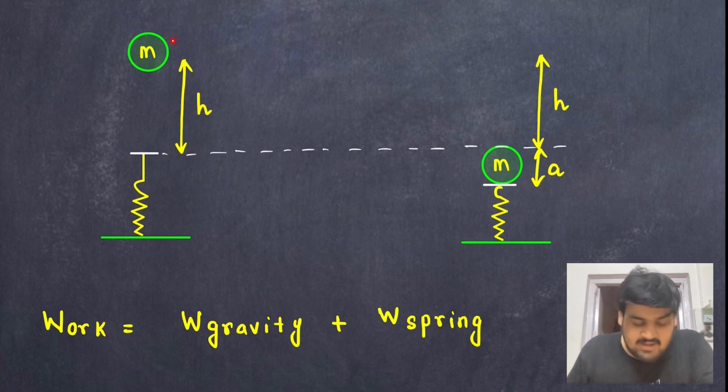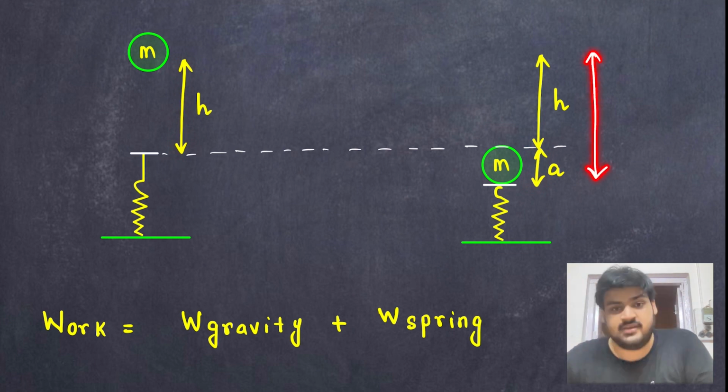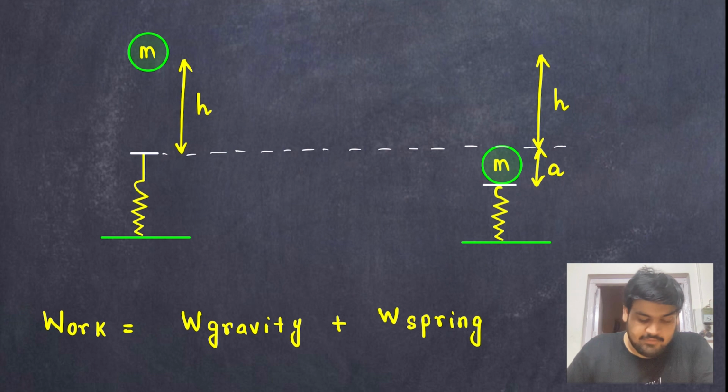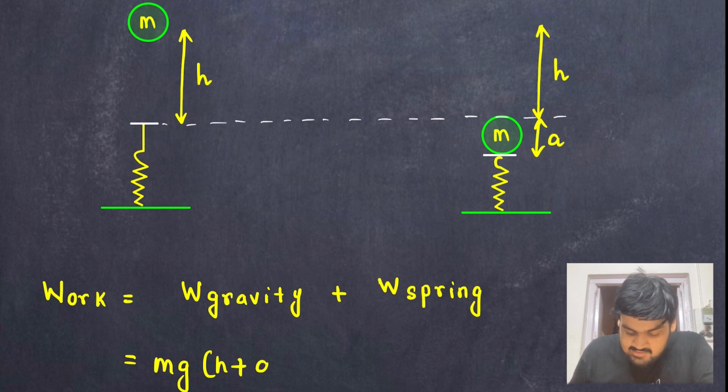Here the ball of mass M is falling a total distance of h plus a, so the work done by gravity on the ball will be mg(h + a).